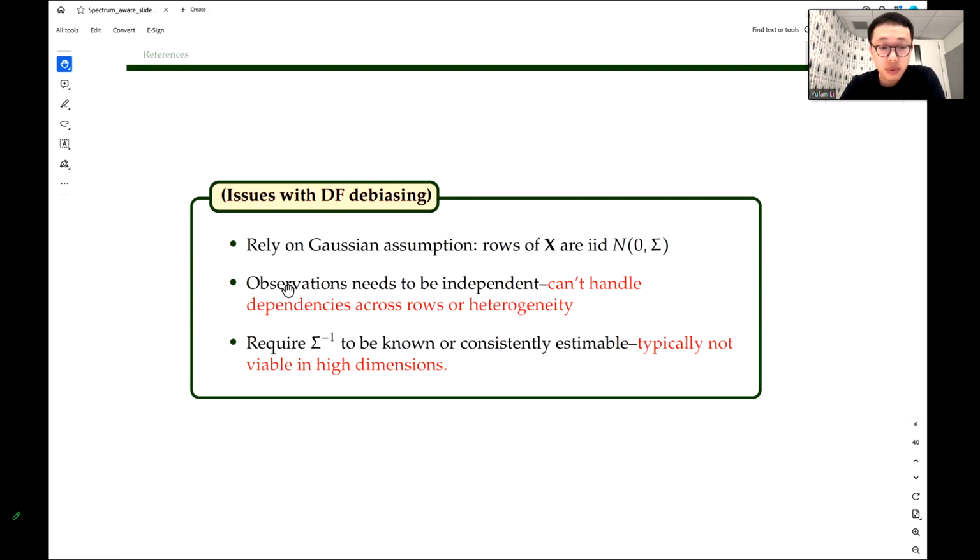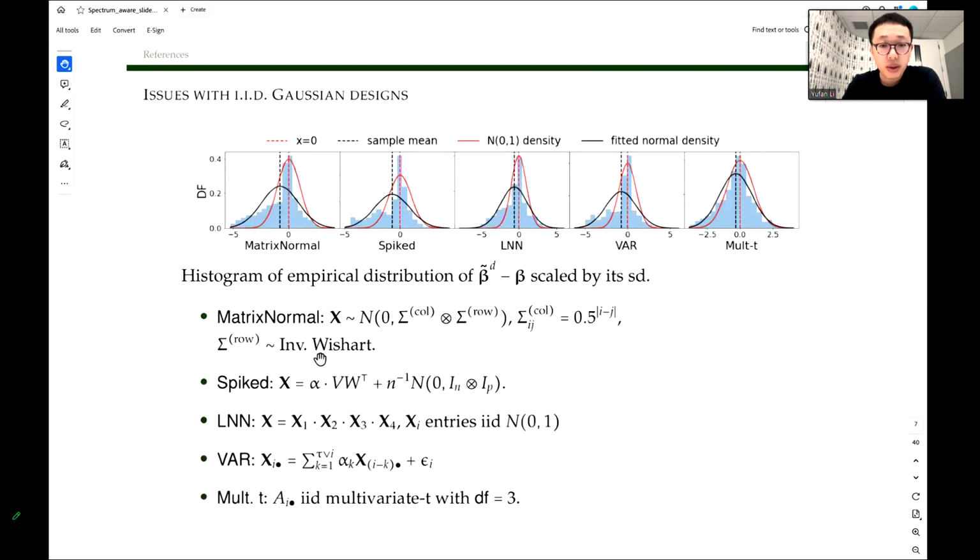So it means that your observations cannot have temporal or spatial dependence, and also you have to know or be able to consistently estimate the precision matrix. That's actually a very challenging task in high dimension. Usually you don't have that much data to accomplish this.